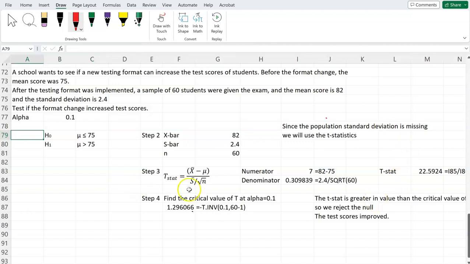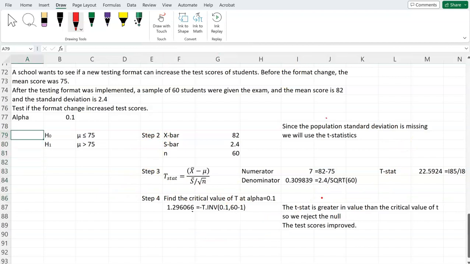So in this case, if the null is less than or equal to 75, we are okay. We do not reject the null. This is a testing format change, and leading to that change, we want to see if the mean score improved or not.